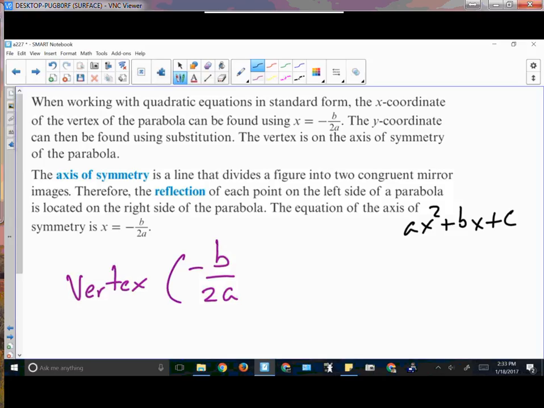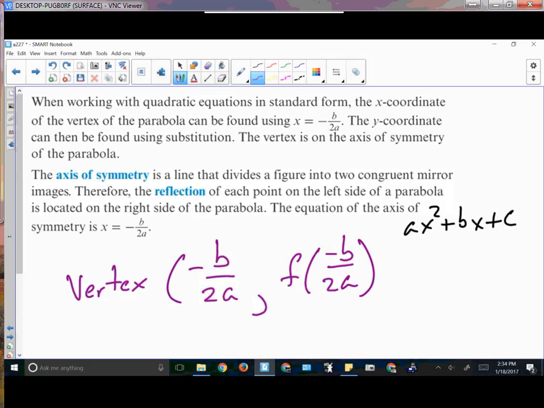The rest of this means that you end up doing this, comma, f of negative b over 2a.